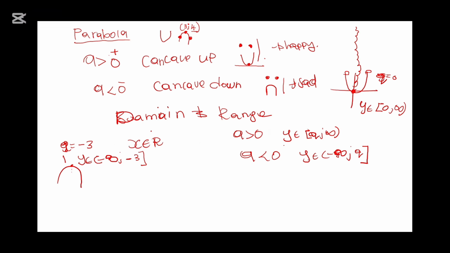Then let's quickly remind ourselves about the hyperbola. A normal hyperbola is like a butterfly. I normally call it a butterfly graph because it looks like this, and then you have a beautiful butterfly there, right?